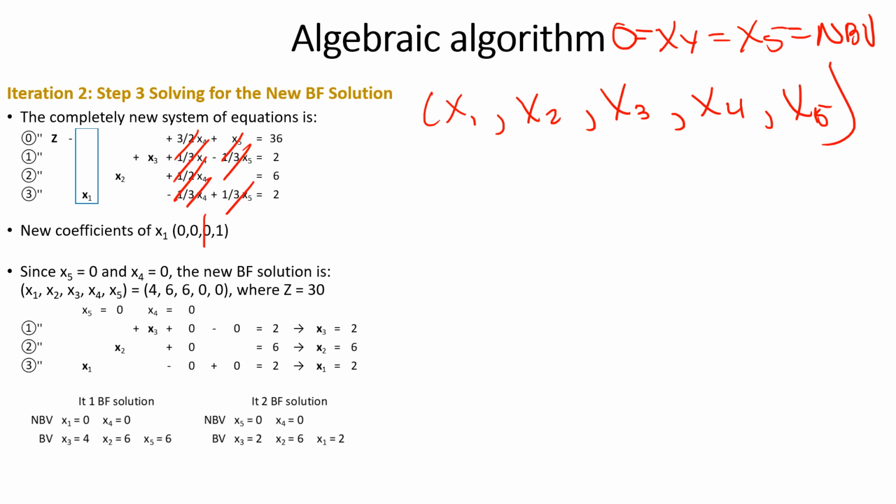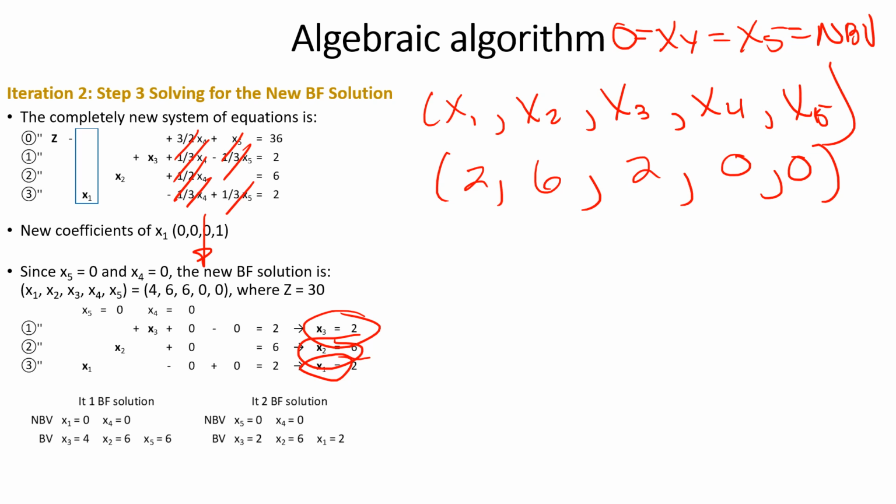That's what we got down here. And from these equations, what we're going to have is that x1 is equal to 2, x2 is equal to 6, and x3 is equal to 2. And these ones become also 0. So this is going to be my new BF solution. Now these two are my non-basic variables, and these three are my basic variables.